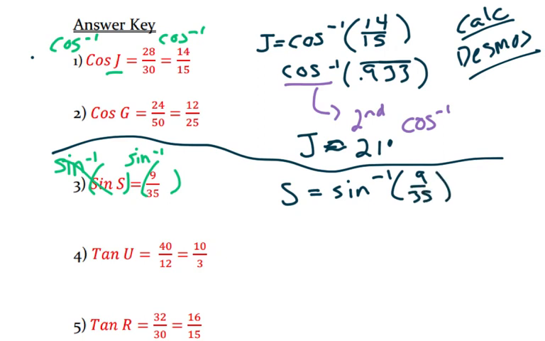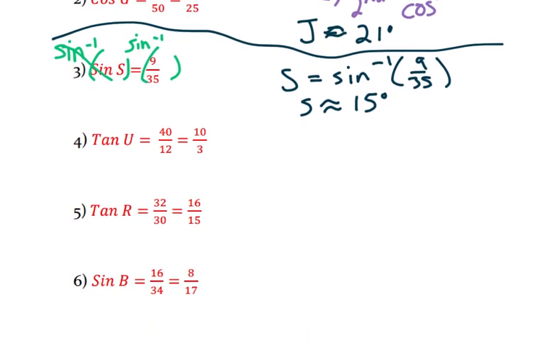We'll do 9 divided by 35 equals, so get that answer, and then you hit sine inverse. So you should get that S is approximately, if we round this, 15 degrees. It's like 14.9005.